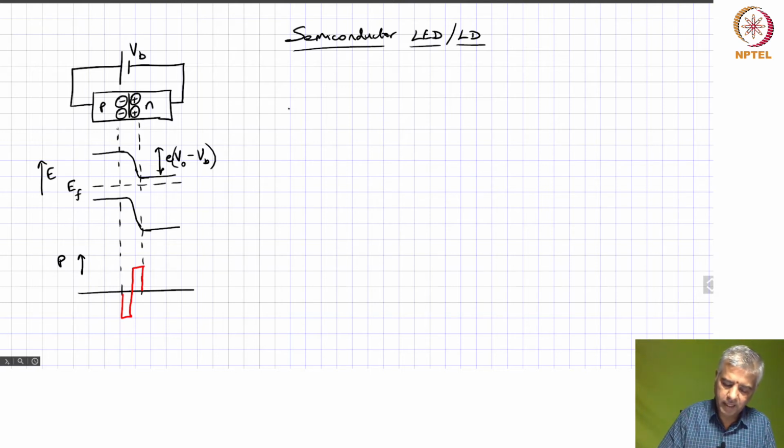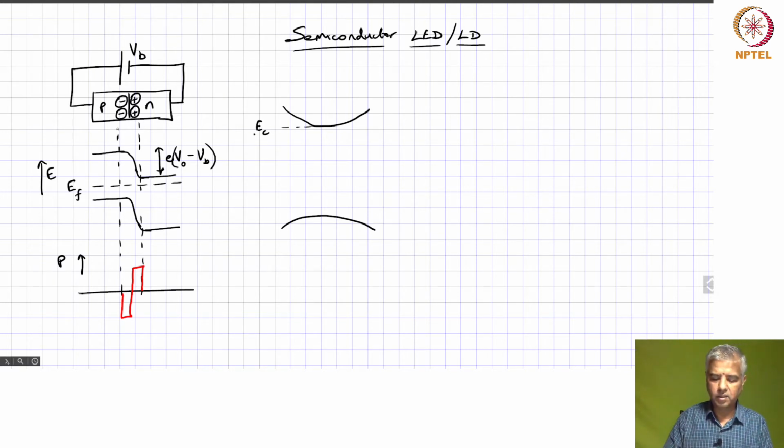So if you draw the EK diagram, it would look something like this. The bottom of this is what you have as your conduction level, and the top of this is your valence level, and this is drawn as a function of K. If the top of the valence band is aligned to the bottom of the conduction band for the same K, then what do you call that?